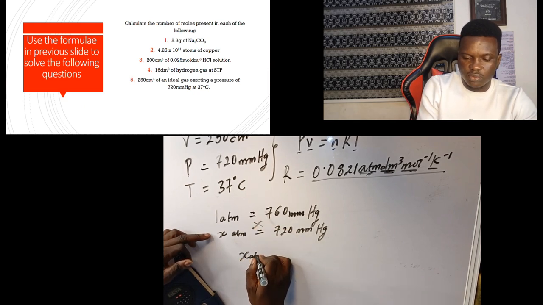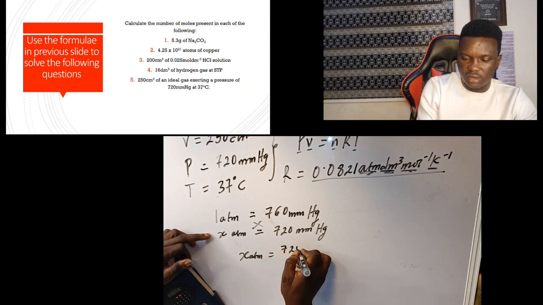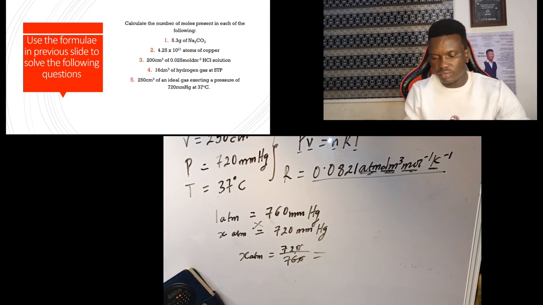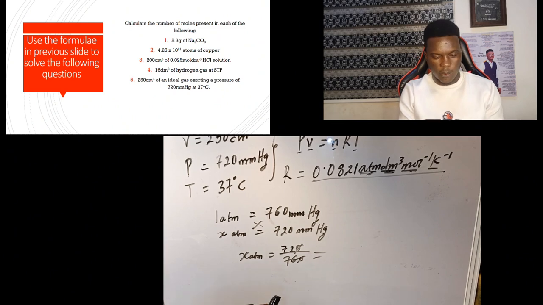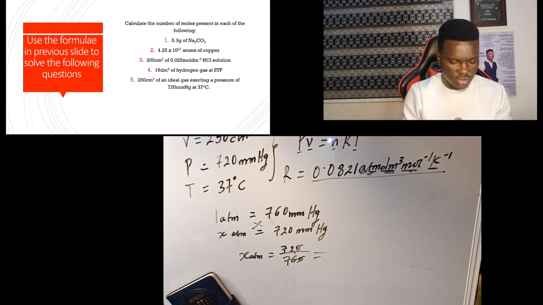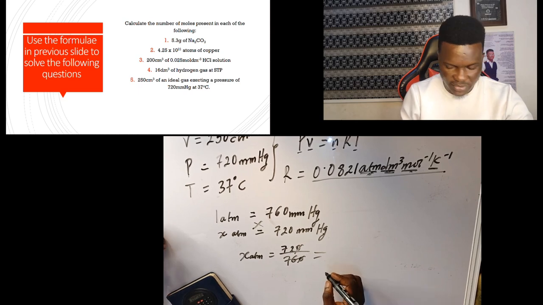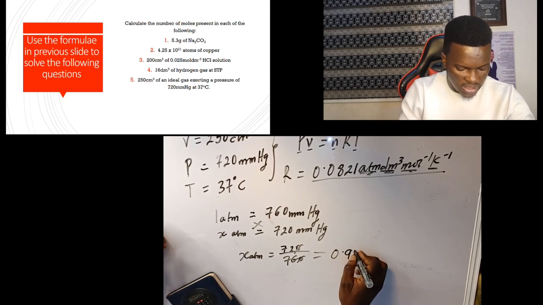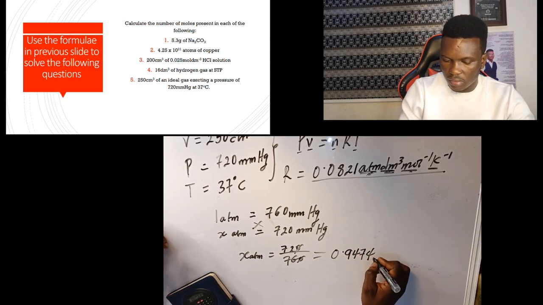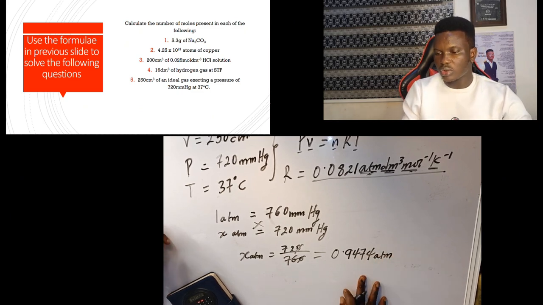Your X atmosphere is going to be 720 divided by 760, and that's 0.9474 atmosphere. So that's what we have.